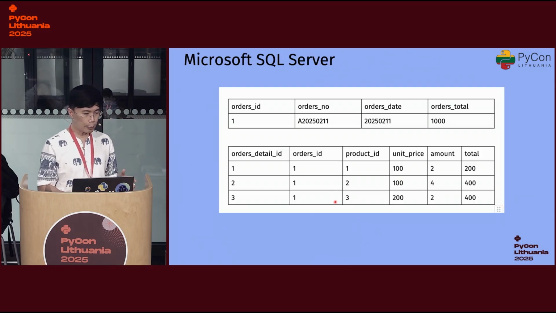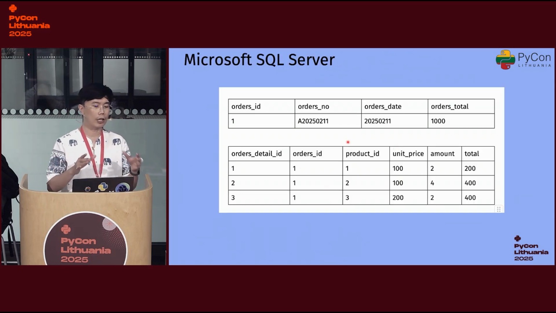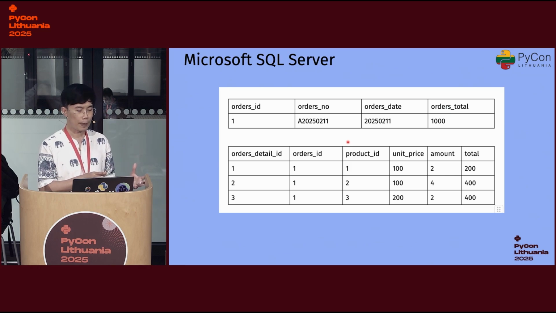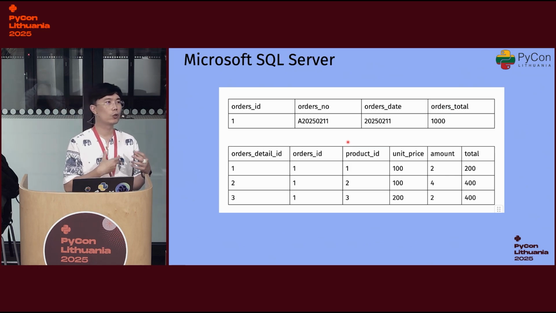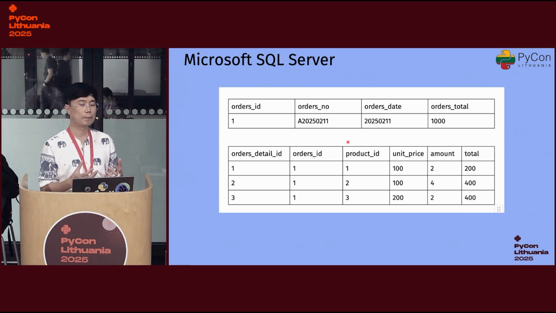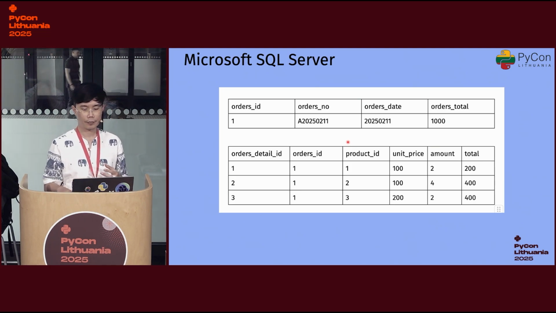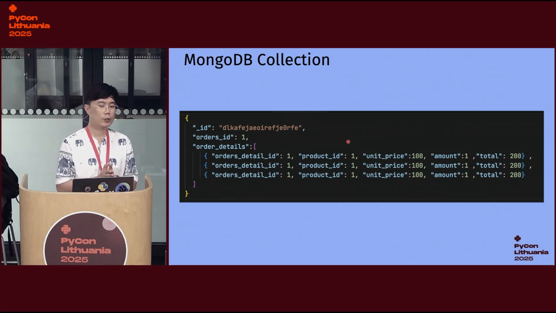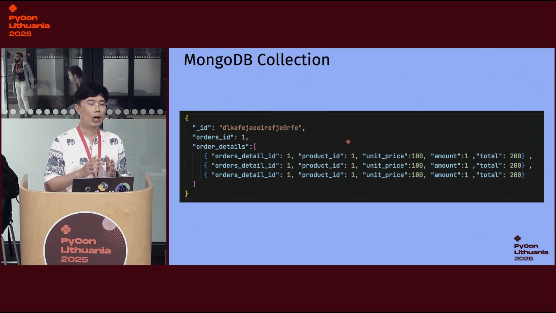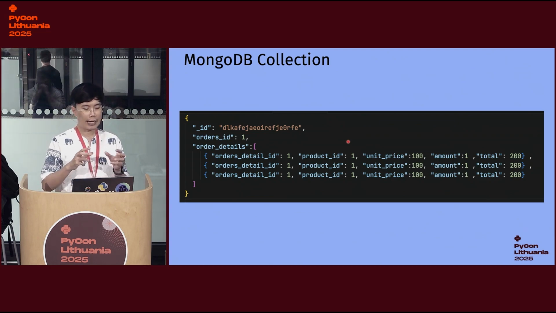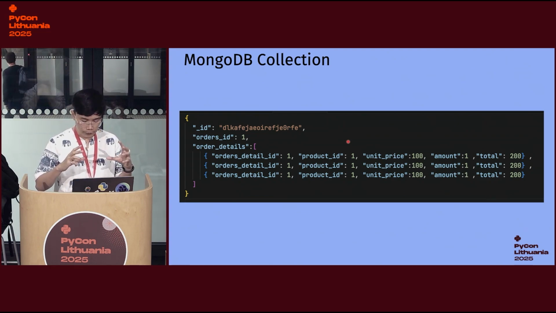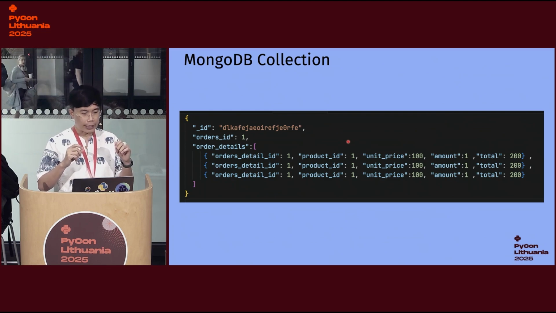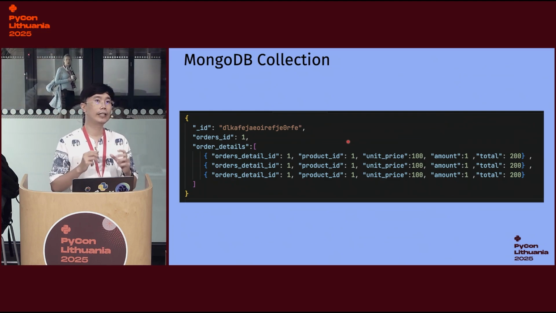And next, this simulates if you have an order and order detail like this, you need to think about how to convert it into the MongoDB data model, which looks something like this. This is embedding. I use embedding because it is suitable only for orders that have fewer than 200 items.